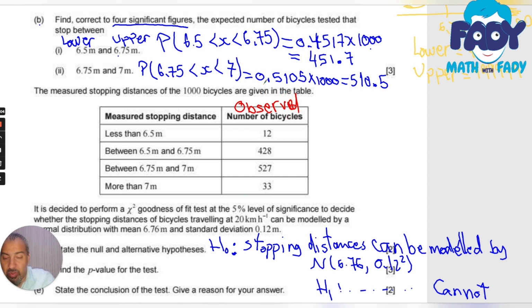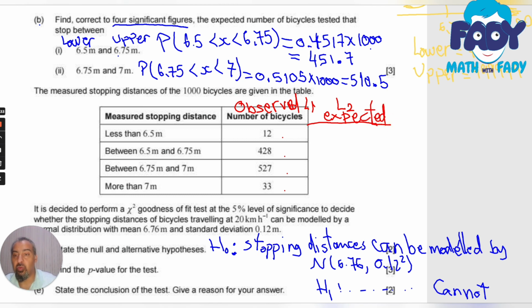So we will insert the observed values into L1, we'll go into stats in our calculator, and in L1 we'll insert these 4 values. This is our L1. Then in L2 we need to insert the expected values.